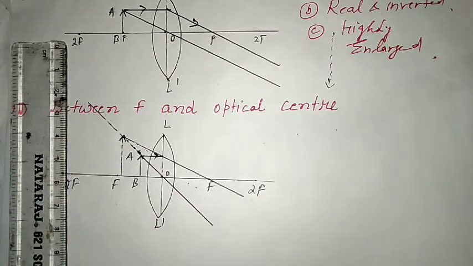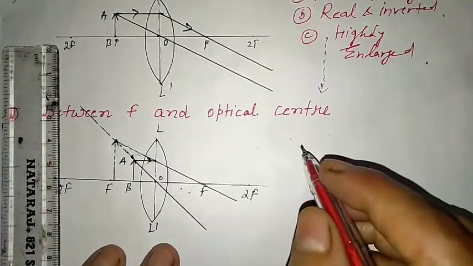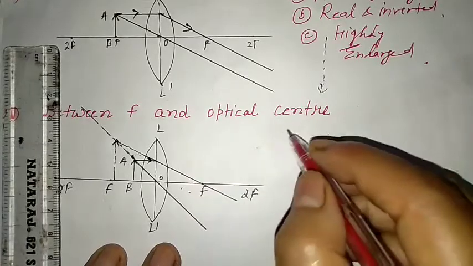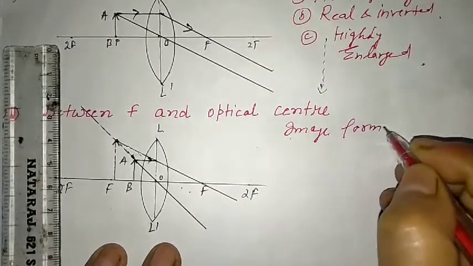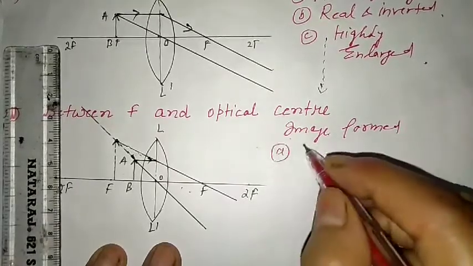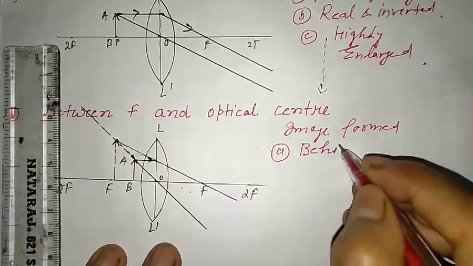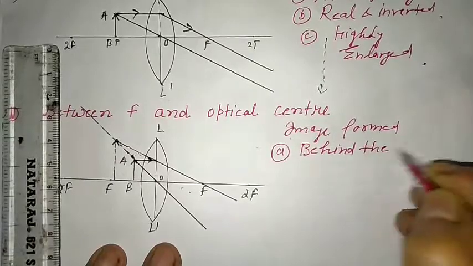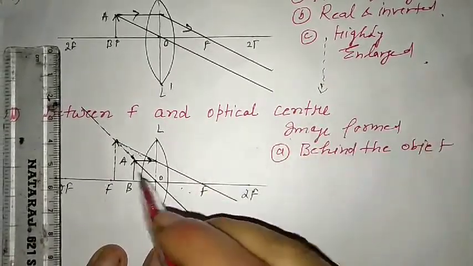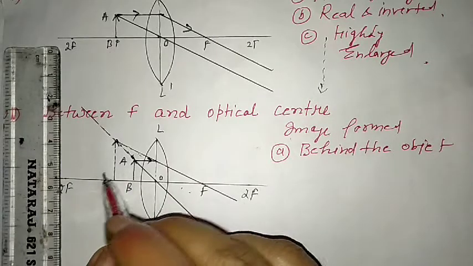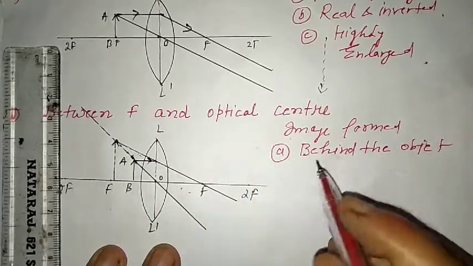So what type of image is formed? Image is formed, A part, behind the object. Or we can say on the same side of the object.